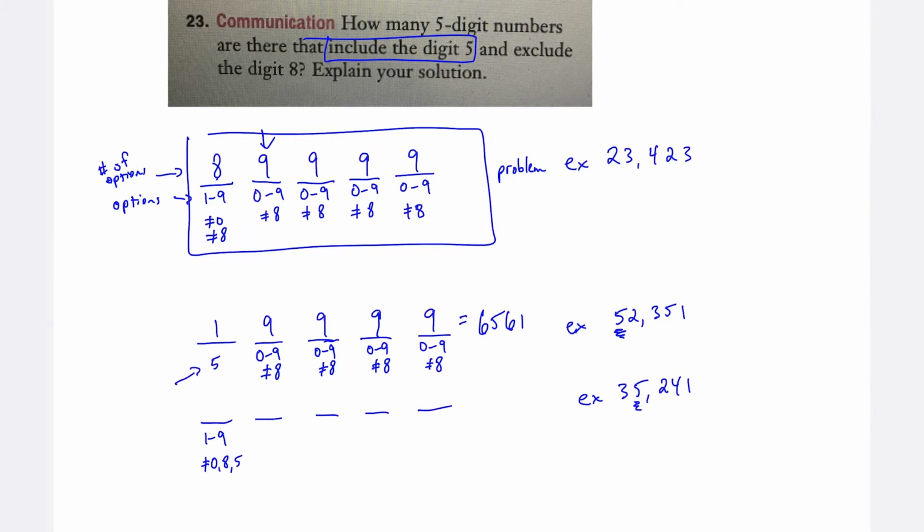So we take off options, which leaves us with 7 options here: 1, 2, 3, 4, 6, 7, and 9. Then we're going to force the 5 to be in the second digit, so there's 1 option there. Again, these ones are 0 through 9, but not 8, so that gives me 9 options, 9 options, and 9 options. I'll continue writing this.